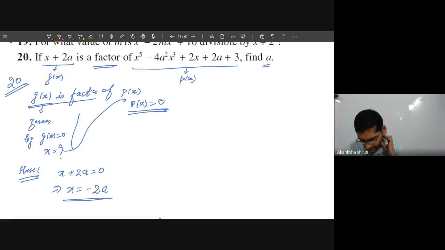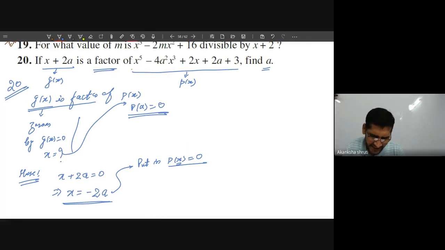Right here, put it in p of x equals 0, which means you have to put it in place of x and equate it to 0. What is p of x here? It is this bigger polynomial. So in place of x to the power 5, I have to substitute minus 2a to the power 5, minus 4a square is already there.